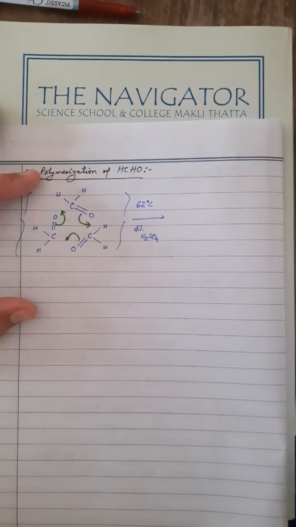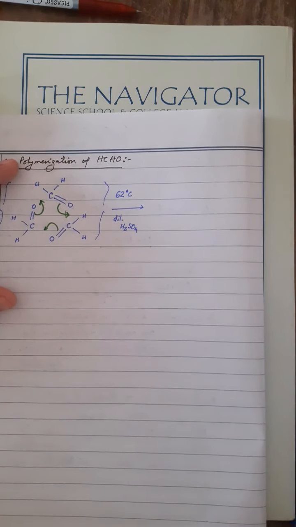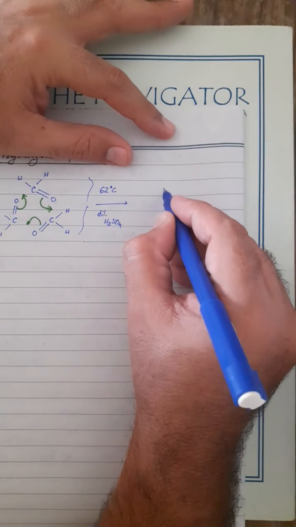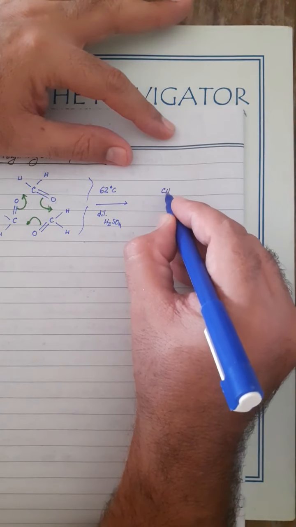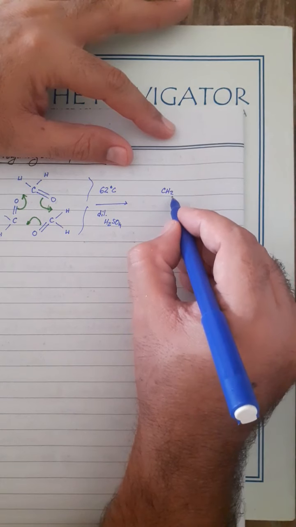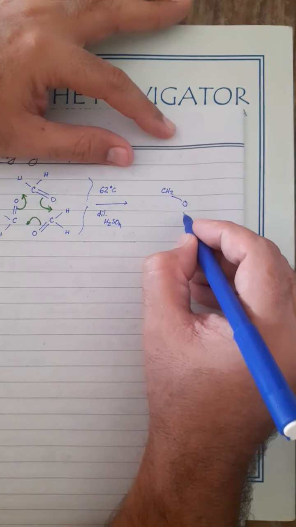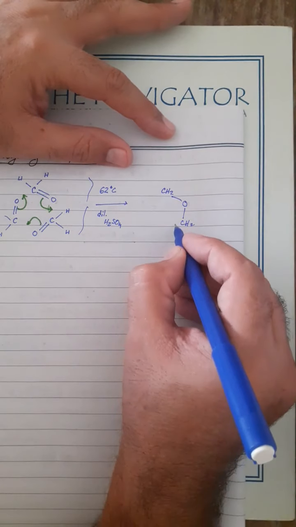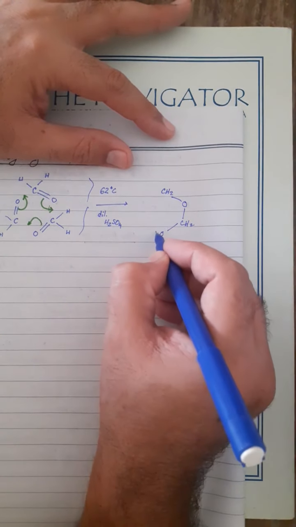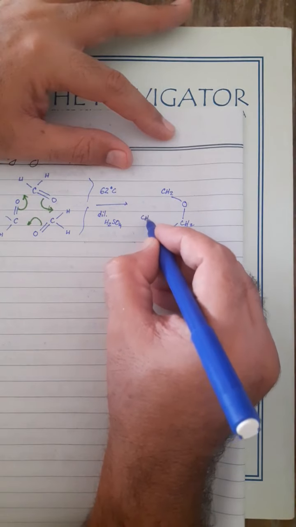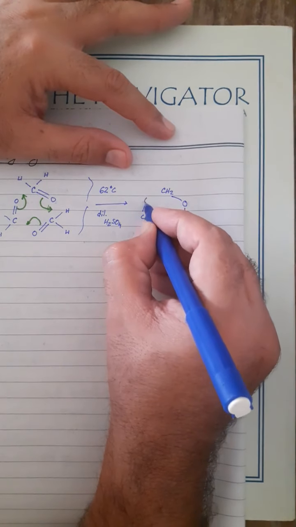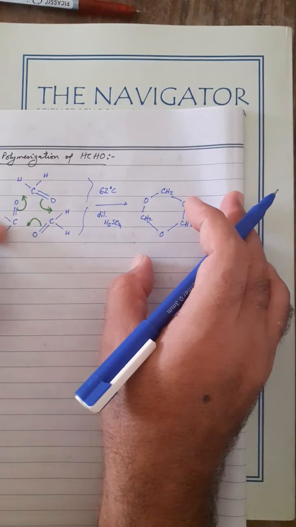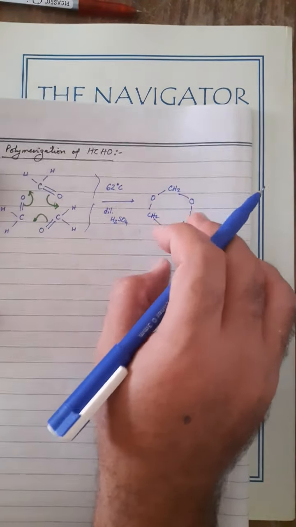Now, once this shifting is done, you will see CH2, O, then O bonds to CH2, then CH2 bonds to O bonds to CH2, CH2 bonds to O, then O bonds to CH2. So this is a polymer.